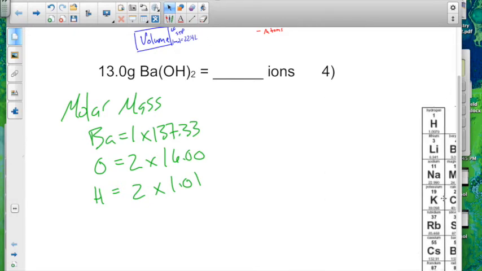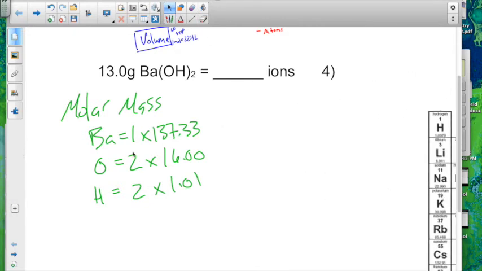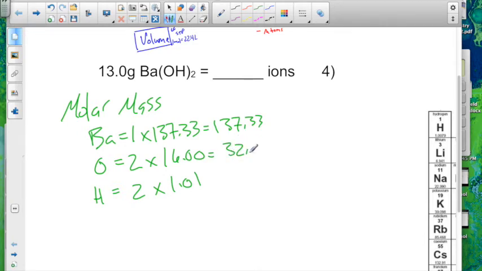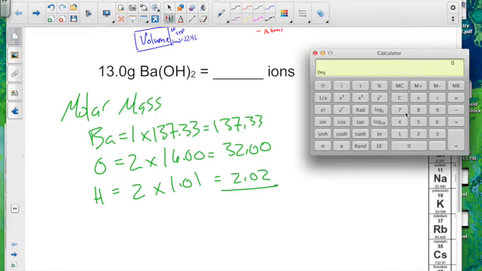So let's get rid of my periodic table. All right, so let's do a little bit of math and add all these up. So 137.33 plus 32.00, and hydrogen is going to equal 2.02. So let's take my calculator. We go 137.33 plus 32 plus 2.02, and that is going to equal too big.